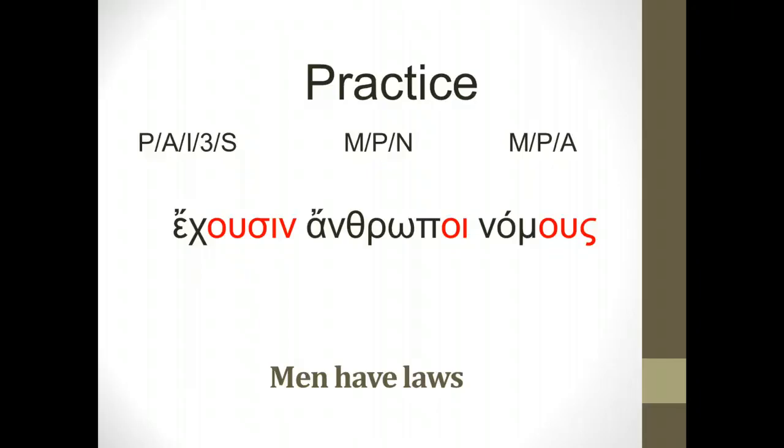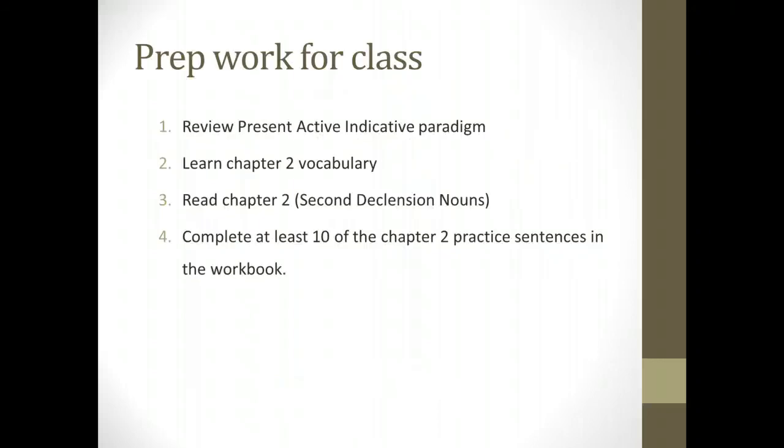Okay, again, I'm not expecting you to memorize any of these noun endings at this point. I just want you to become familiar with the way that the nouns change themselves out with their endings, just like the verbs did. With that in mind, here is your prep work for class, keeping in mind that you're also going to be doing Chapter 3 at least this week.